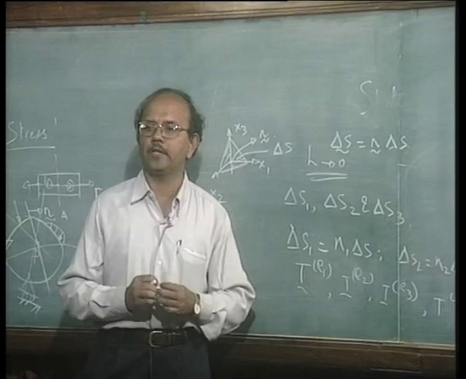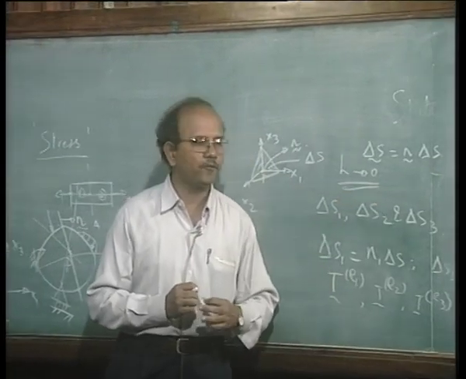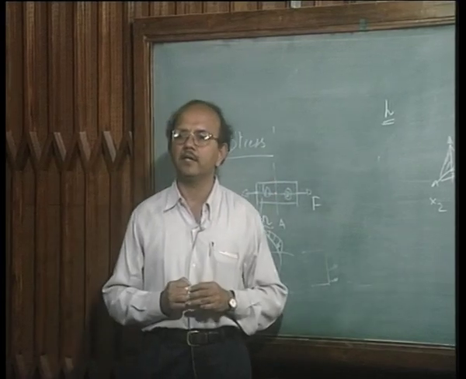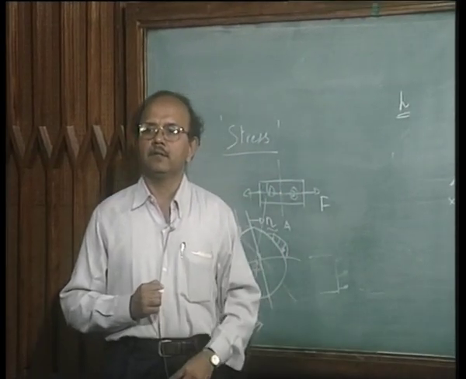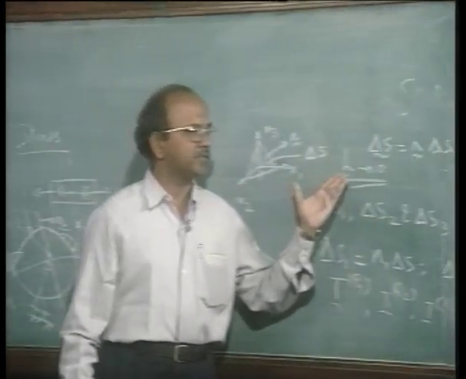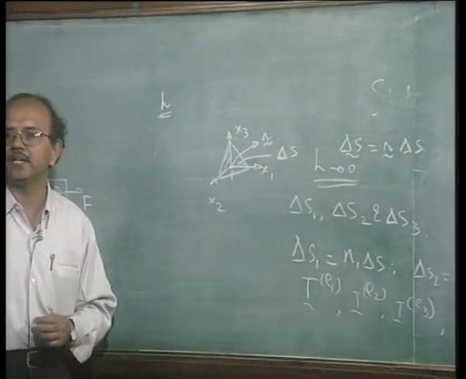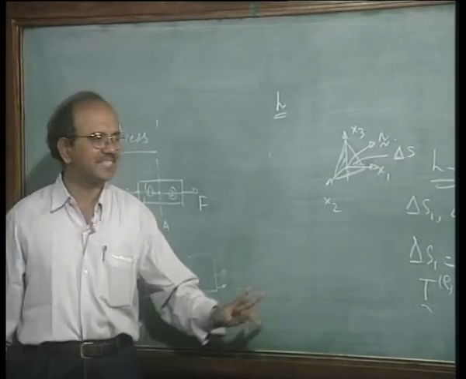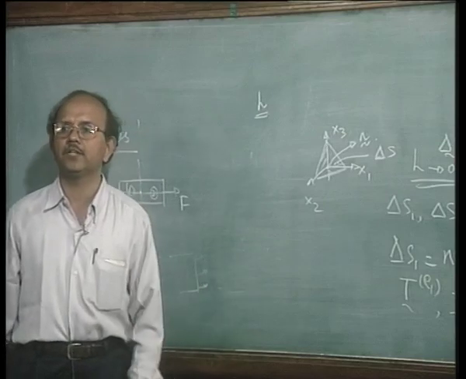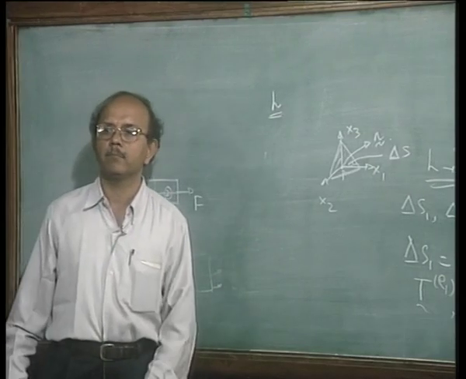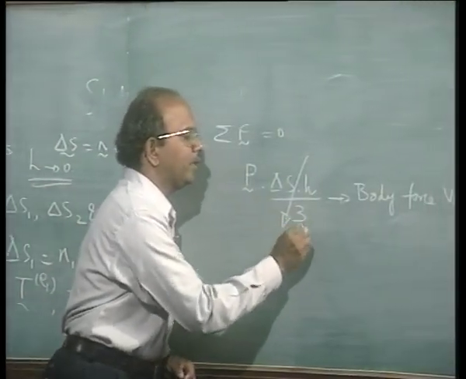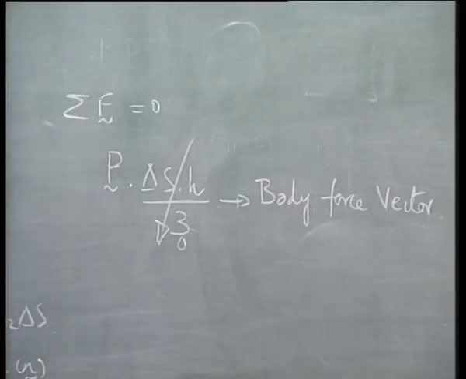Let's wait a minute, we will write that, and before that let us make a small simplification so that we need not write it again and again. We said it's not an approximation, actually we take h tends to 0. What is that force which will be affected by h tending to 0? Body forces. So this will go to 0 when I put h equal to 0.